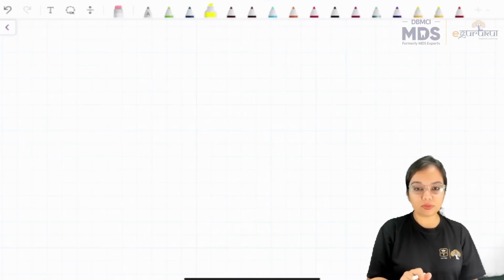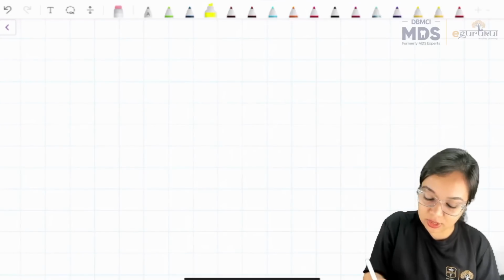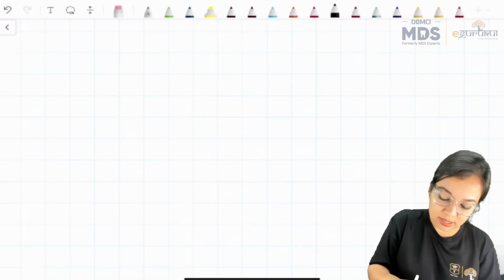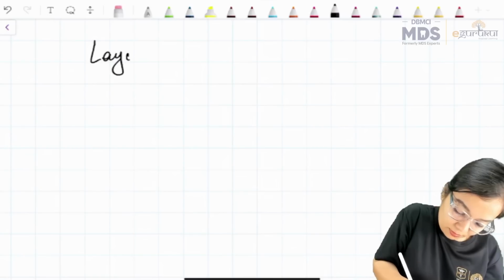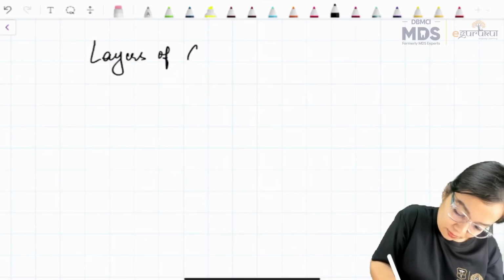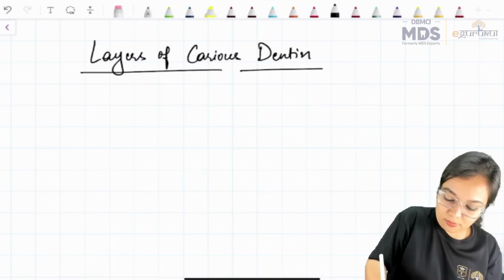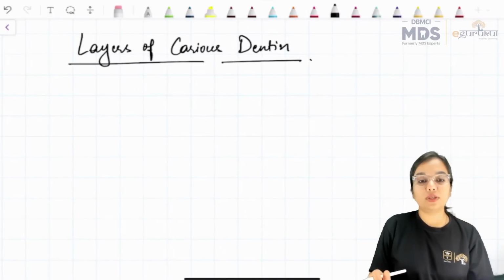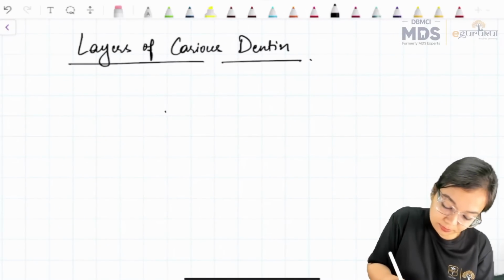Now, what are the layers of carious dentine? There are various layers of carious dentine. When we talk about the layers of carious dentine, just look at the picture.